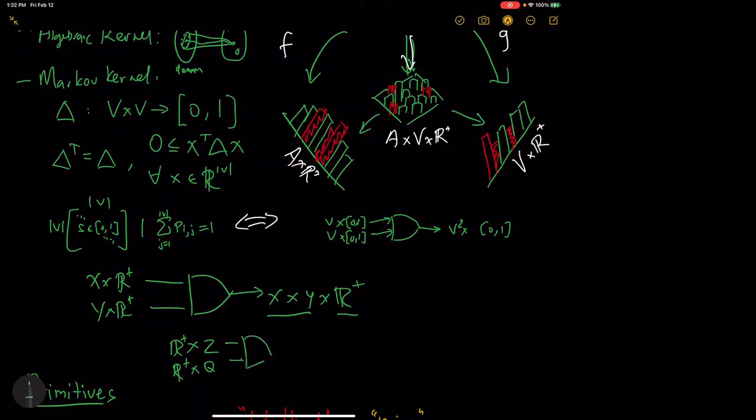Then this will be inputs to another function here. So here we're just taking the product of these two spaces.